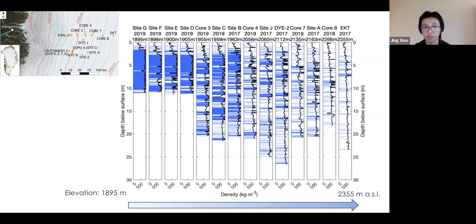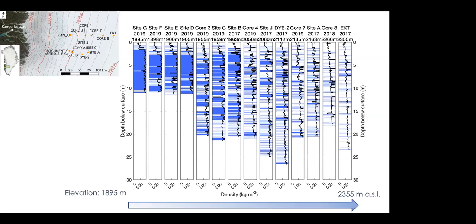For example, the several really high melt years in this study area in the past decade are 2010, 2012, 2016, and also 2019. Okay, interesting. The ocean seems to be driven by the North Atlantic winds, so there might be a small relation there, but something to look at maybe in the future. Yeah. Thank you.